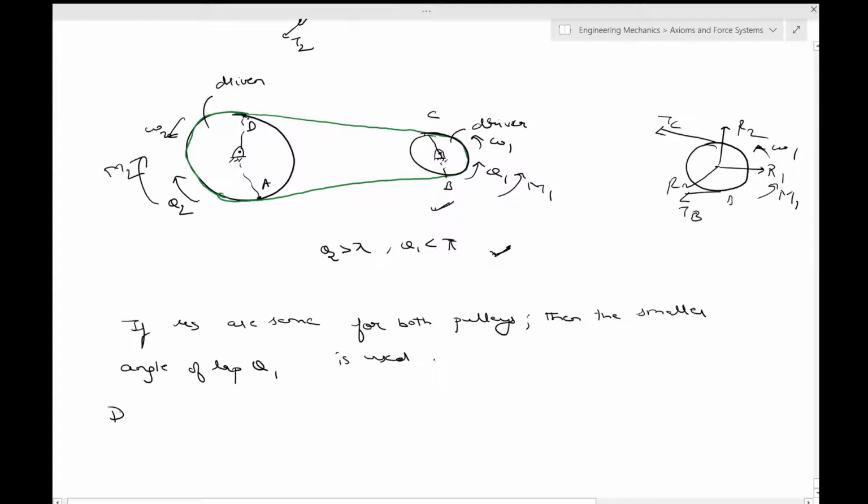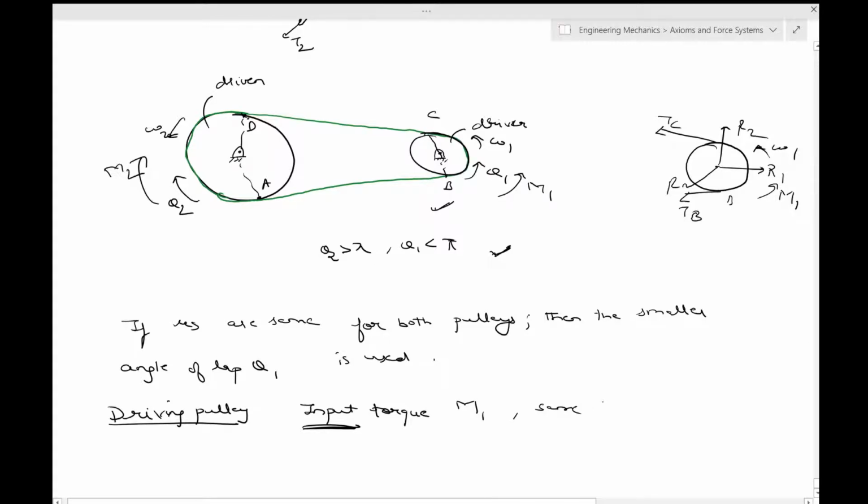So in the driving pulley, the input torque, so this is the input M1, perhaps through an engine or a human, for example, applying this input torque M1. This is in the same direction as omega 1.